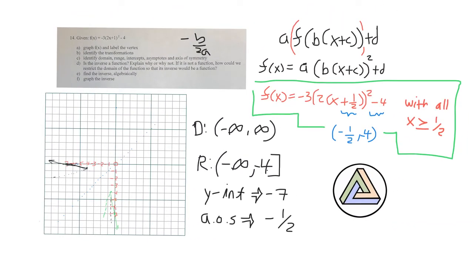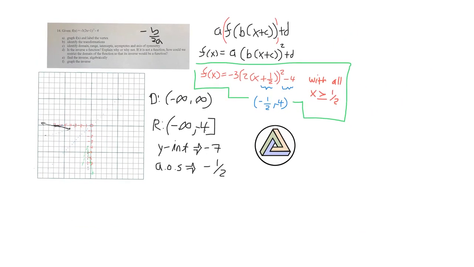Okay, so then they say find the inverse algebraically and then graph the inverse. Okay, well, let's find the inverse algebraically right now. So finding the inverse algebraically would be a matter of taking the original function, which we could call f of x equals y equals -3.